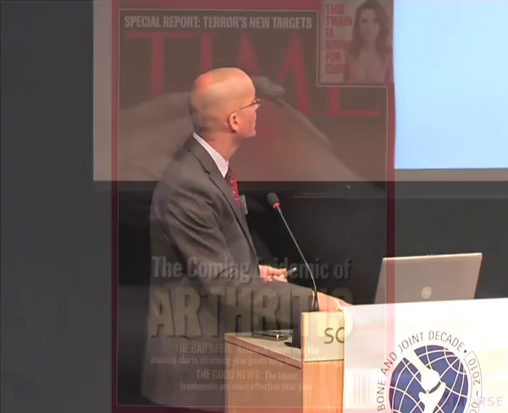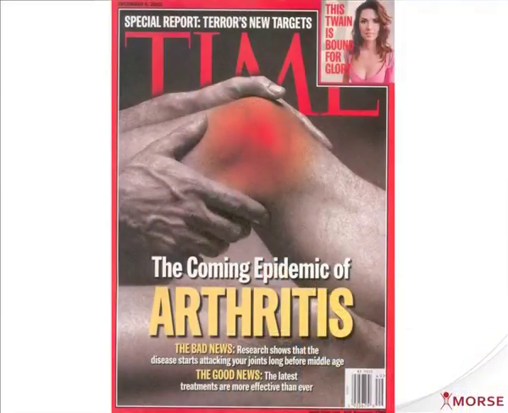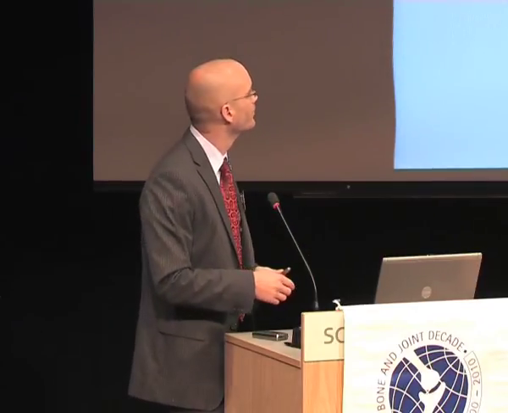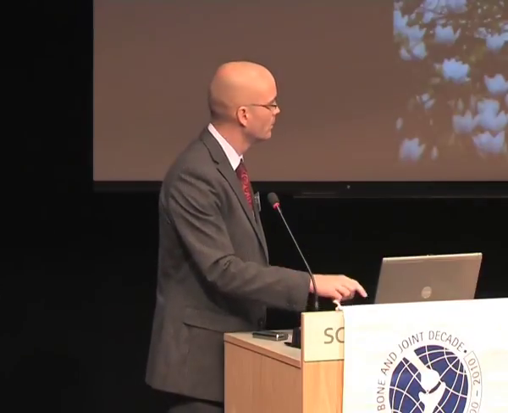So this is just a few examples of the power of registers to do very interesting research, and a very powerful tool to study the course of disease and the effects of treatments and so forth on a societal level. Because we are facing an increased burden of musculoskeletal disease in society, not only arthritis, because we get older and we get heavier and so on. Thank you.